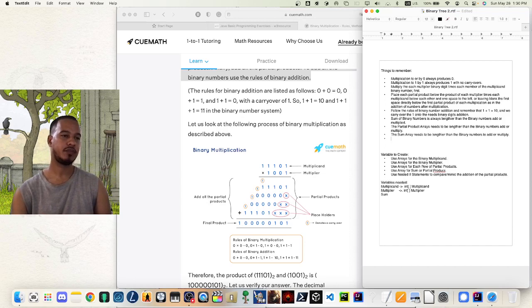So: arrays for binary multiplicand, arrays for binary multiplier, arrays for each row of partial products, arrays for the sum of partial products.